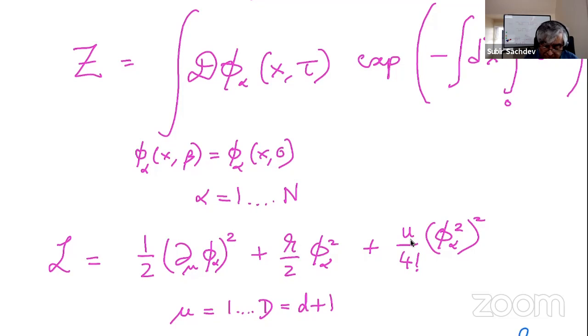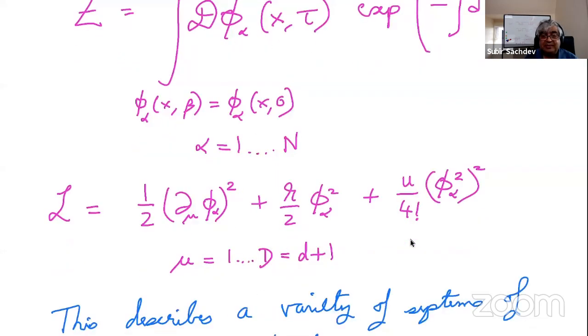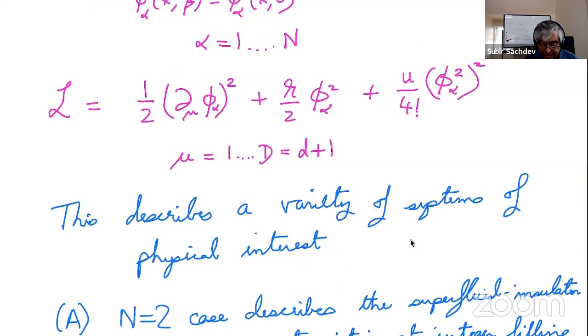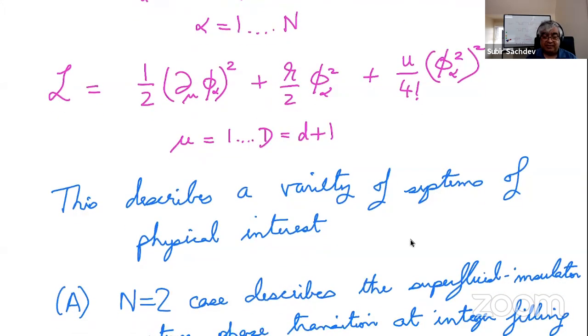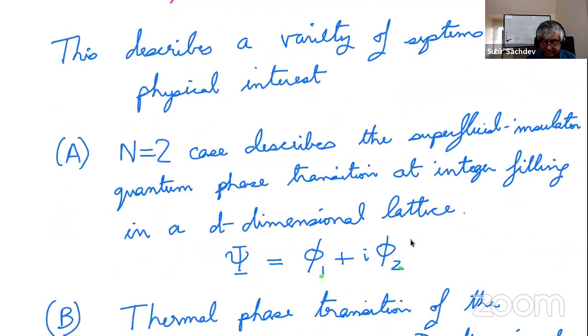Of course, as I said, this describes a variety of systems. The case we have met so far is the n equals 2 case, because then you can take these two component fields and write them as a complex field, and you'll see it's exactly the same. So the n equals 2 case describes the superfluid-insulator transition at integer filling in a little d dimensional lattice.